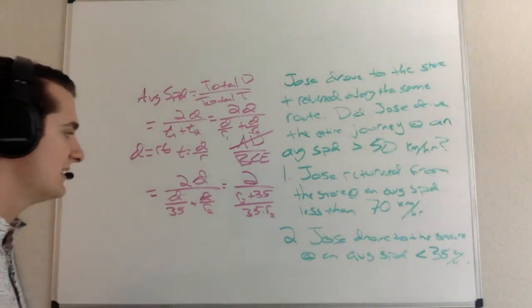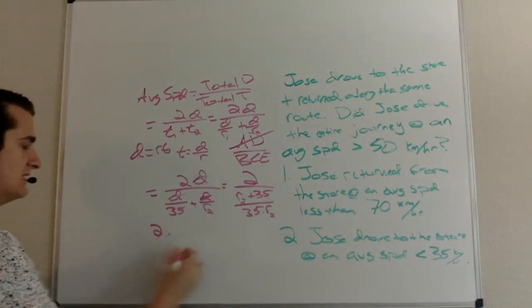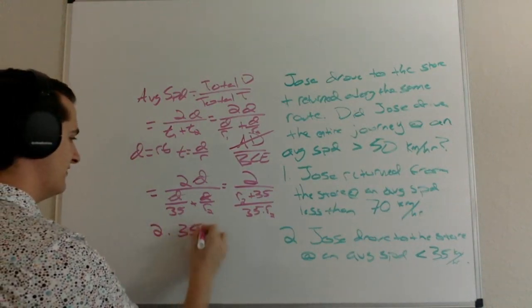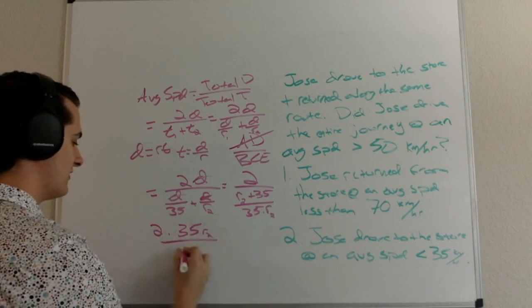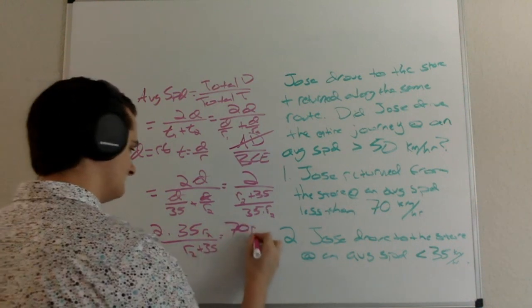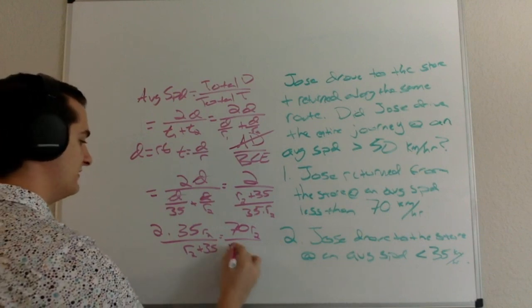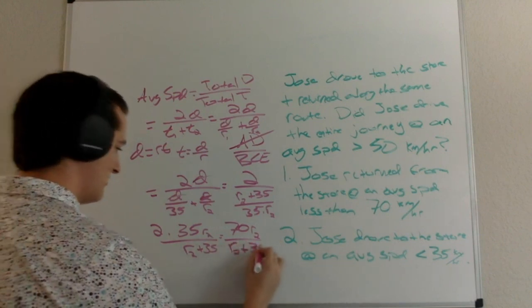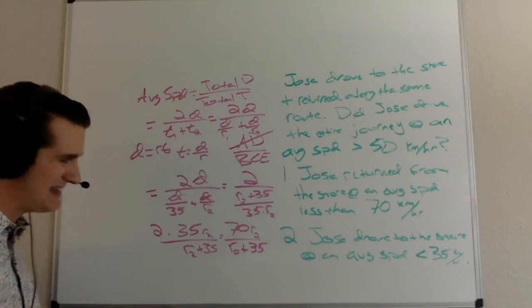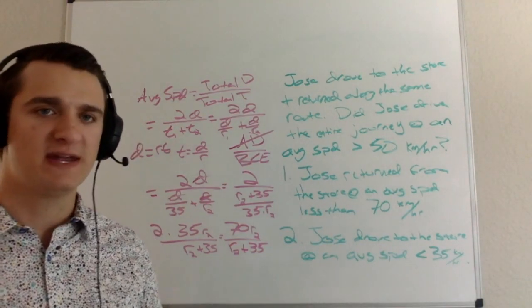From there, I can flip and multiply. So I'm going to have 2 times 35 rate 2 over rate 2 plus 35, which is equal to 70 times my second rate over rate 2 plus 35. And again, I'm not super concerned about whether I'm spending too much time on this quite yet.